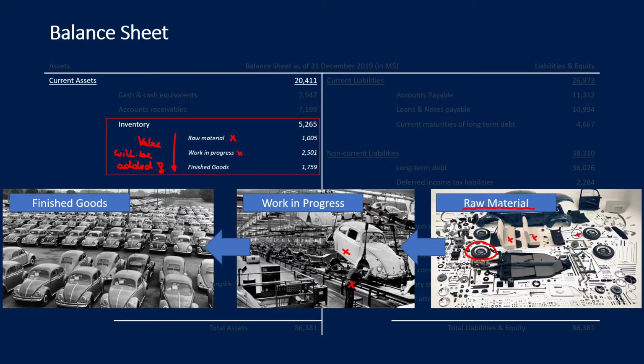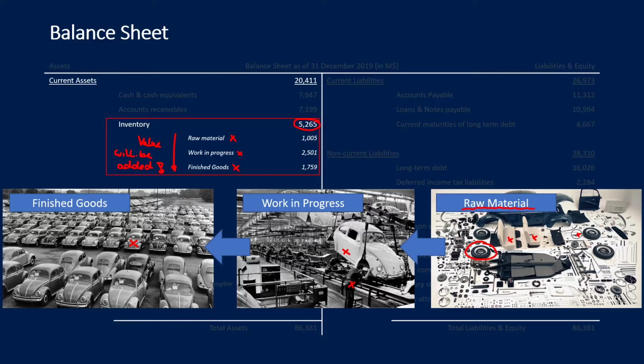And if the car is now taken from the assembly line and put into a large stock, maybe we look at this car here, it is a finished good waiting to be sold. And the value of this car is shown under finished goods. All three items together will be the inventory.